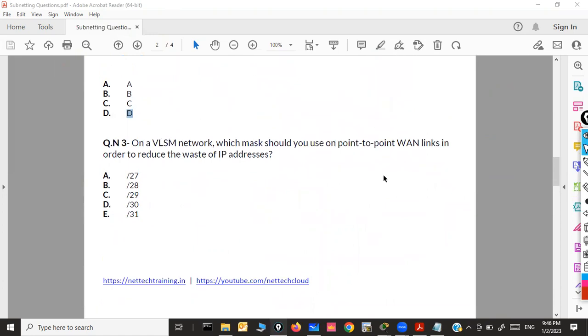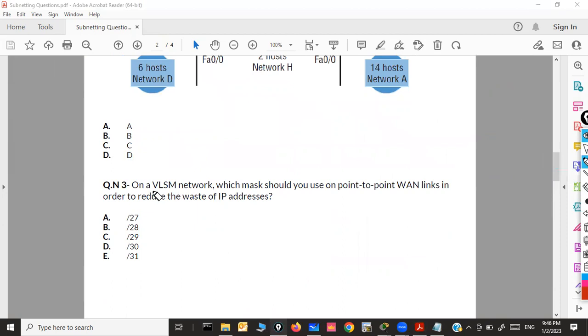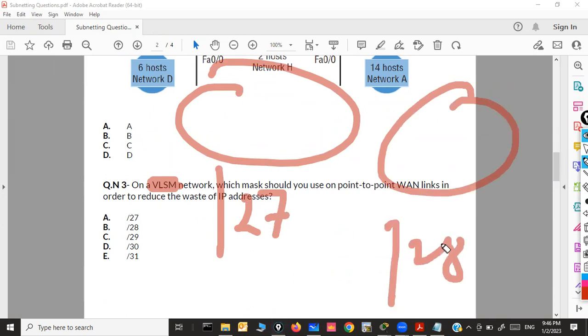So let me jump to the next one. Probably this would be the best one. Okay, so it's asking what VLSM stands for: variable length subnet mask. Variable length subnet mask means, let's say in one subnet the subnet mask is /27, in another subnet maybe /28, maybe somewhere /30.